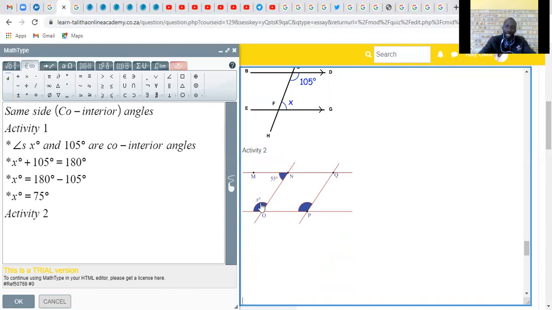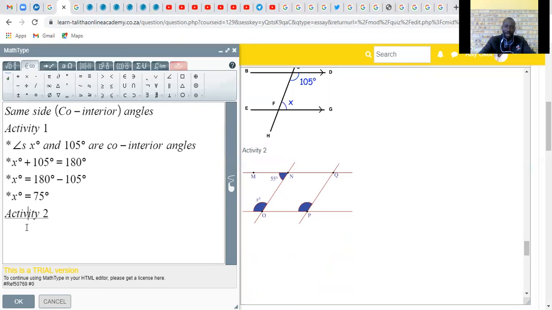Now, notice that x in degrees and 55 in degrees, they are on the same side. These two angles are on the same side, and so we want to call them same side angles, okay? So that is the first thing we want to start with.